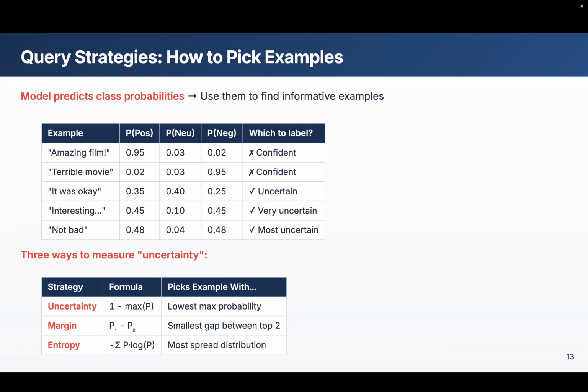The distribution of the probability. Okay, the first one has almost all of the probability mass at just one class. The last one seems to be spreading it across 2 classes. So the first strategy is the uncertainty strategy, which does 1 minus the max of the probability.